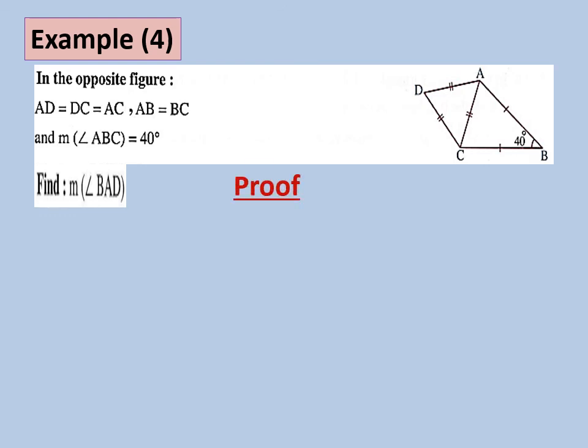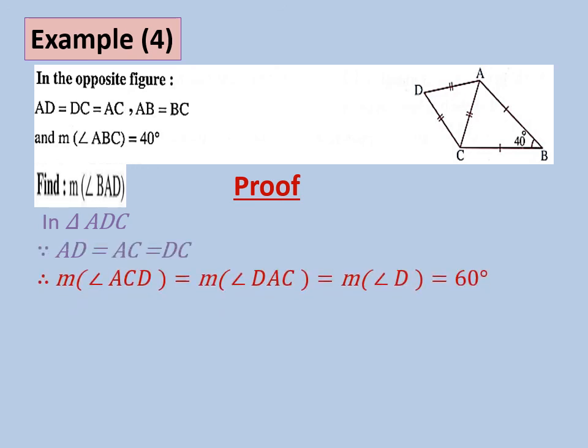First, we will work in triangle ADC. Since it is an equilateral triangle, then measure of each angle is 60. Then we will go to triangle ABC. We mentioned that in triangle ABC, since BA and BC are equal, it is an isosceles triangle.